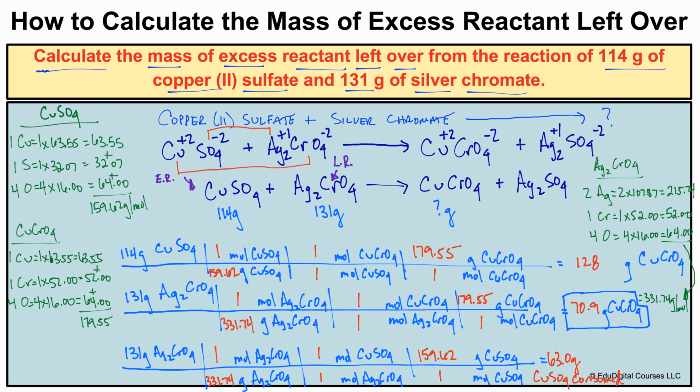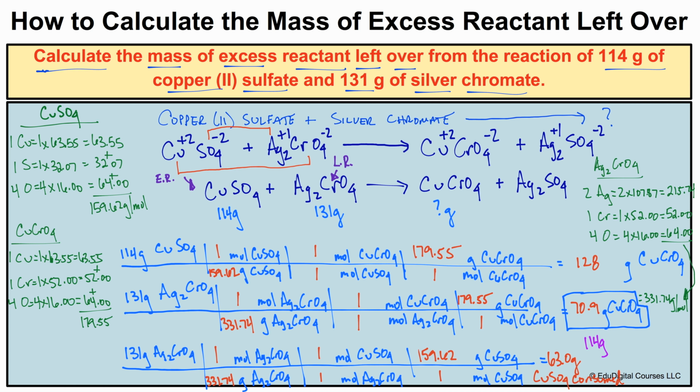So if we take a look, how we're going to do that is actually quite simple. In our final step, what we need to do is take the starting mass of our excess reactant, 114 grams, and we're going to subtract the amount of our excess reactant that was consumed, 63.0 grams.